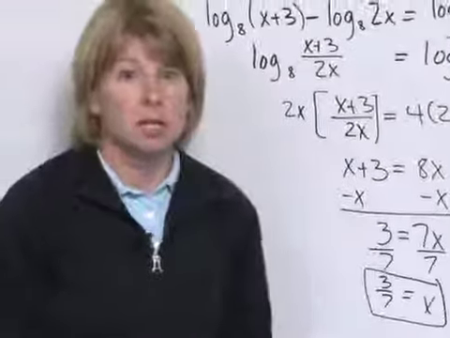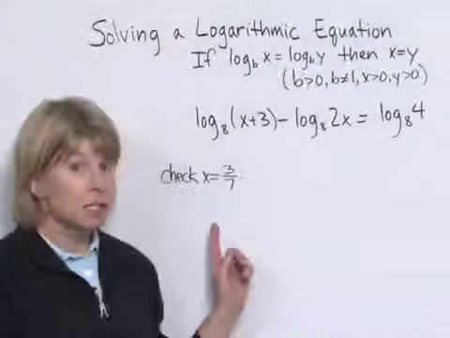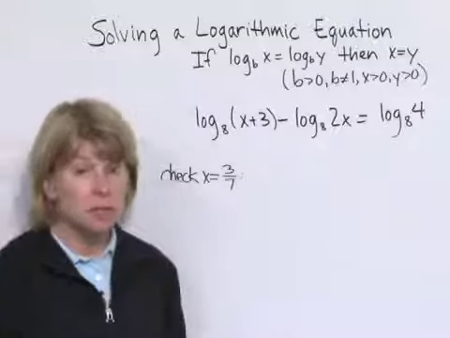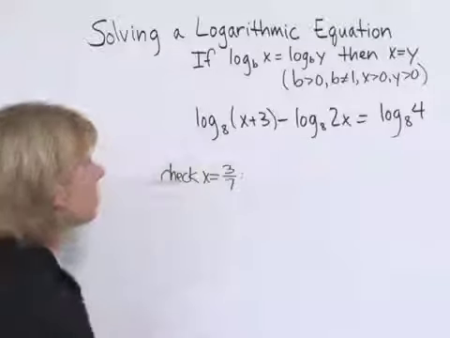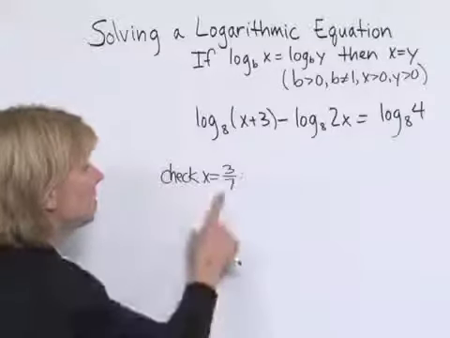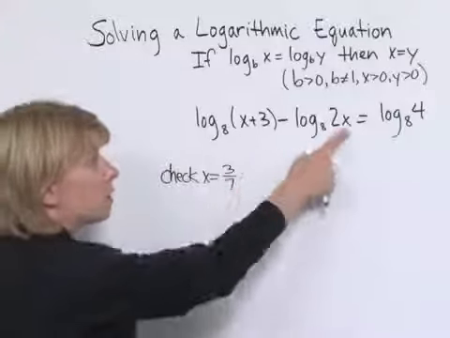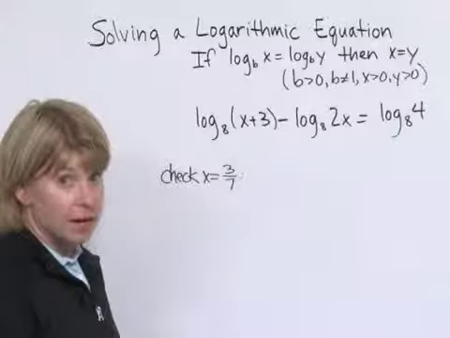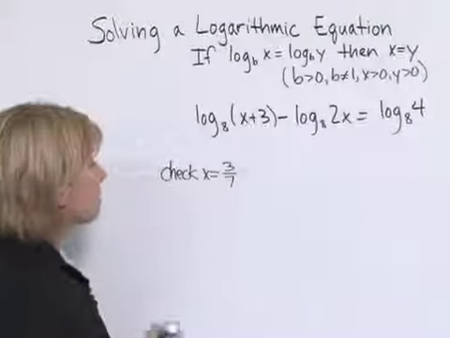Now we'll check that solution. We got our solution, x equals 3/7. Let's see if that works in our original equation. I'm going to substitute 3/7 in for x, and we'll simplify it and see if we get a true statement.